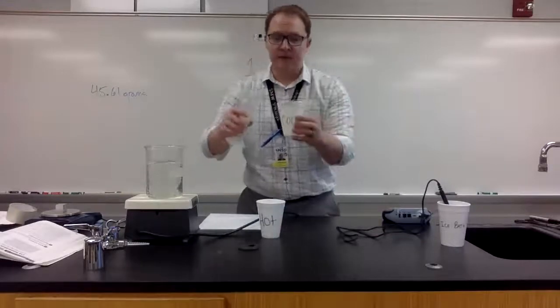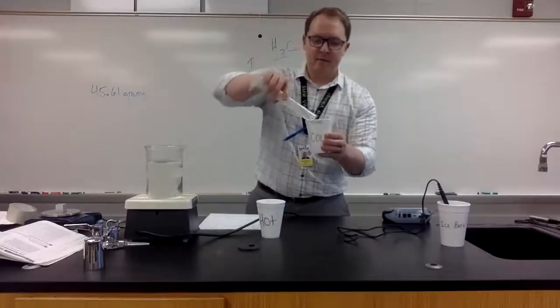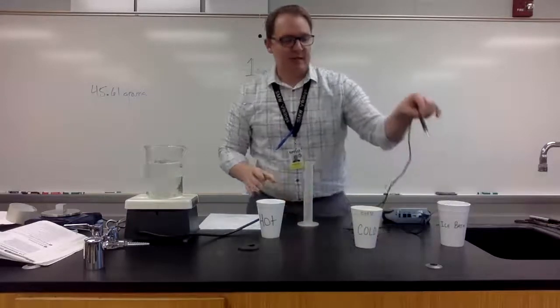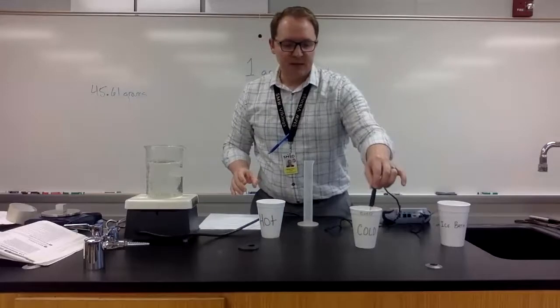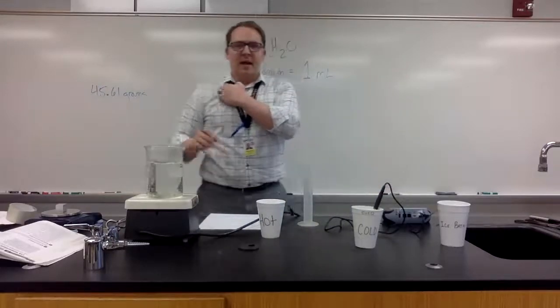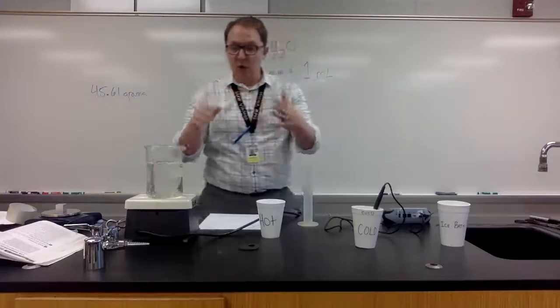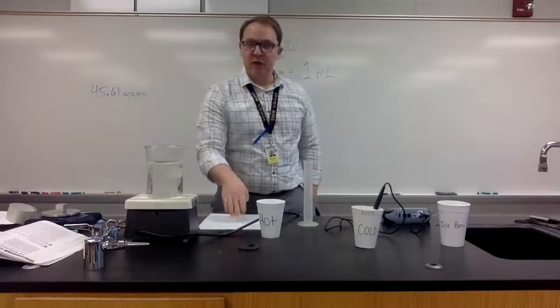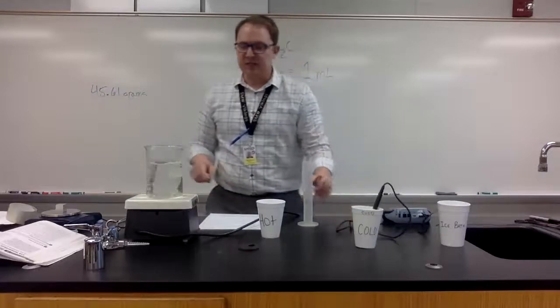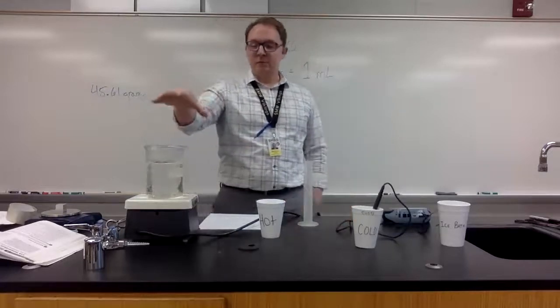Perfect. 100 milliliters. Now I'm going to take this temperature sensor and put it in that cold water so we can get a reading. And I am going to have you record in that table the temperature of the cold water. While that temperature sensor is adjusting, I have this water that's been boiling for a long time.